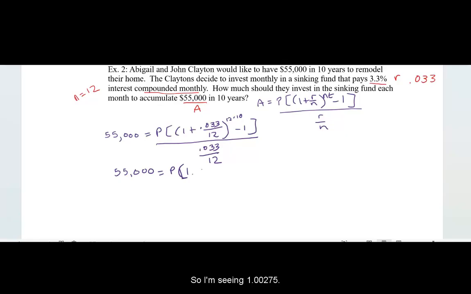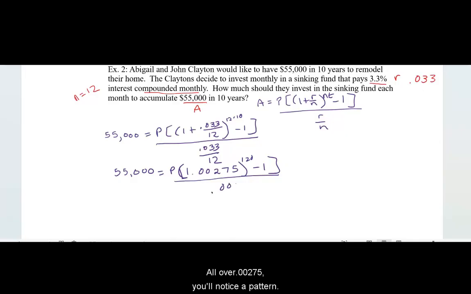So I'm seeing 1.00275, and that would be to the 120th power minus 1 all over 0.00275. You'll notice a pattern. The number in the denominator is always going to be the number to the right of the decimal, to the right of the 1. Okay, we're going to keep going.